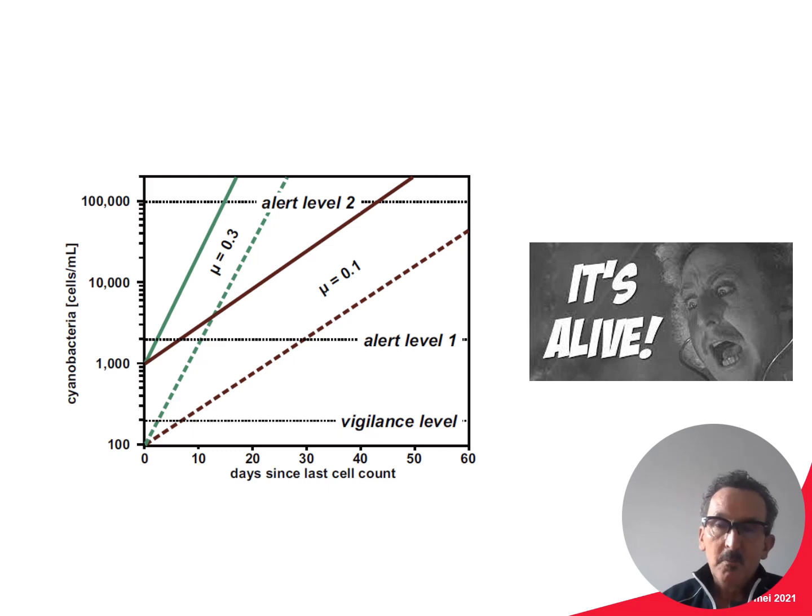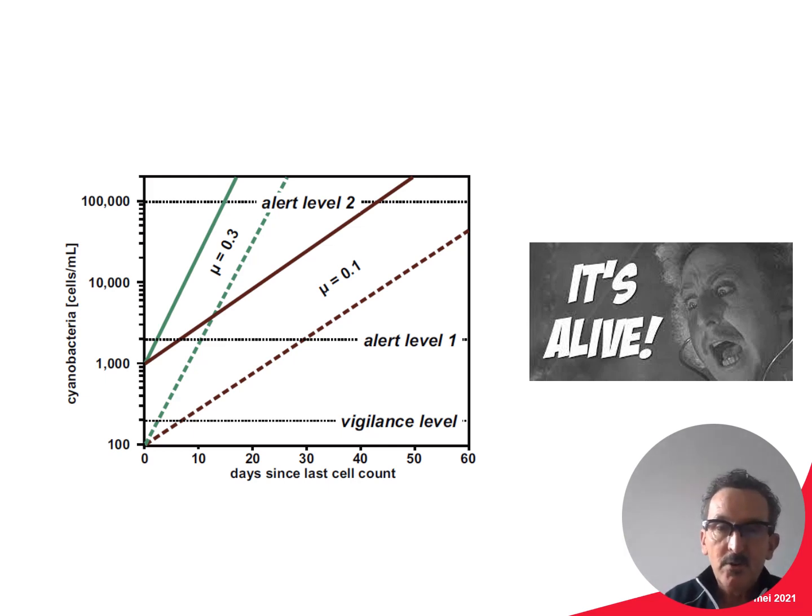One graph that comes from the book, and that is different for cyanobacterial toxins than for most other chemicals being produced by microbes, the cyanobacteria. You can see here since last cell count on the x-axis, how in just 10, 20 days, one or couple of weeks, you can move up from alert level 1 to alert level 2.